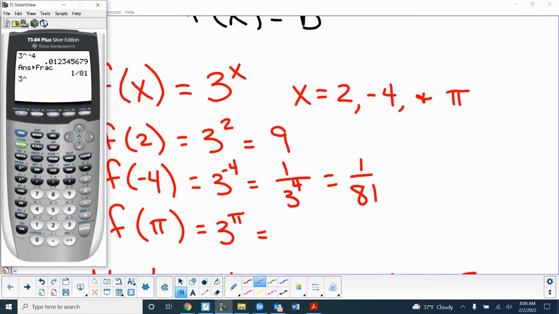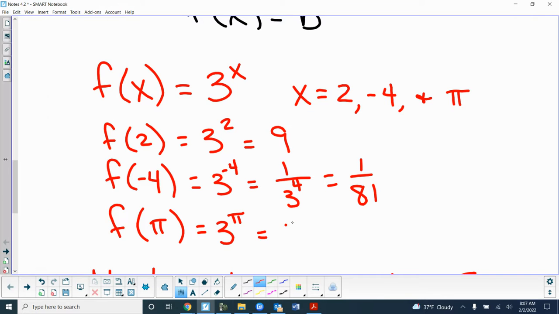It's by your caret button. So hit second caret, and then get that. You can leave it as 31.5, or I don't know if it'll give us the fraction. Math, enter. Yeah, it won't give us the fraction because pi's an irrational number.